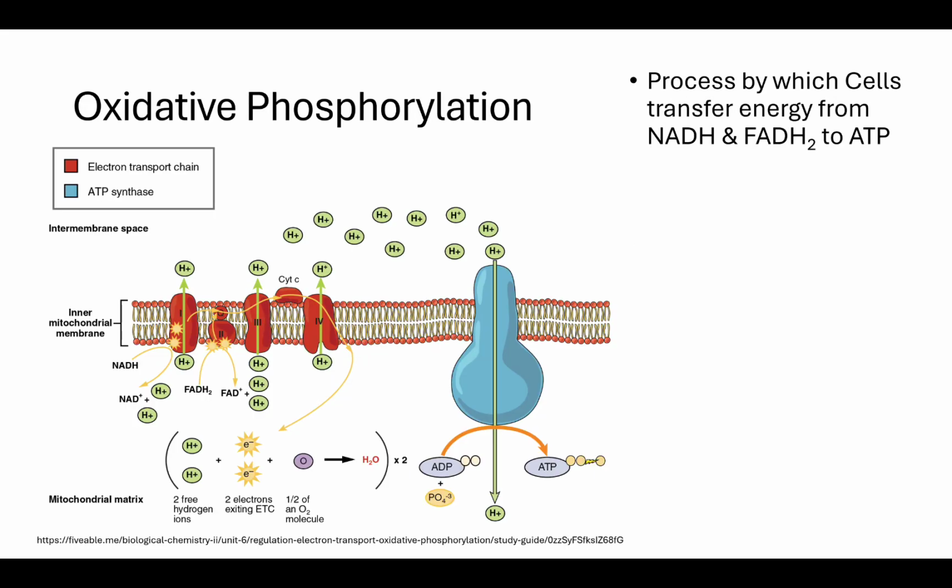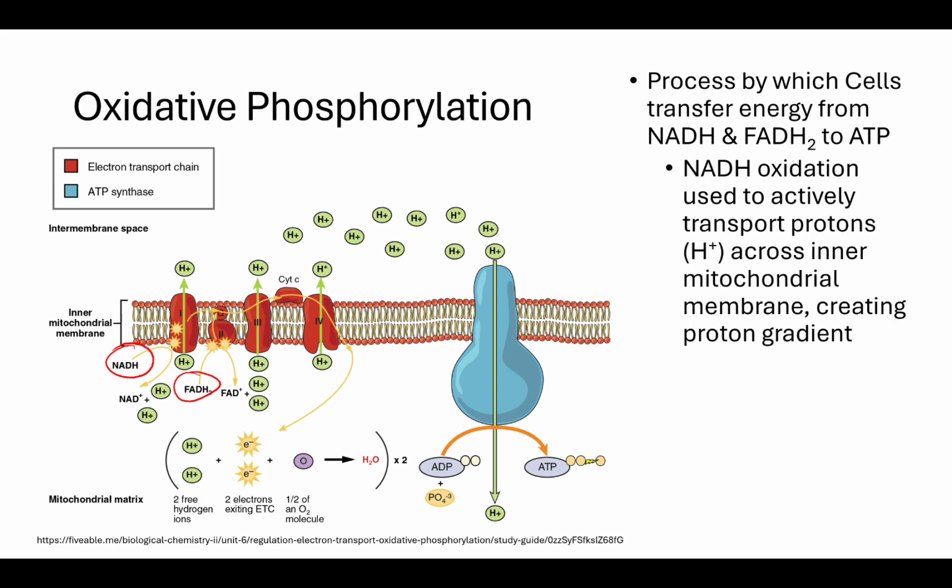All right, so what's going to happen then is these high energy electrons are going to be dropped off to the electron transport chain. We've got another one of these, just like we did in photosynthesis. So you see here, NADH is dropping off its high energy electron, FADH2 drops off its high energy electrons, and then those electrons are going to have their energy used to actively pump hydrogen ions across the inner mitochondrial membrane. We're making another proton gradient.